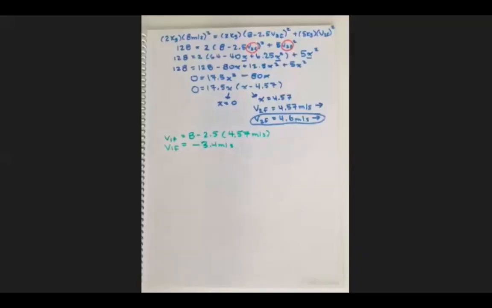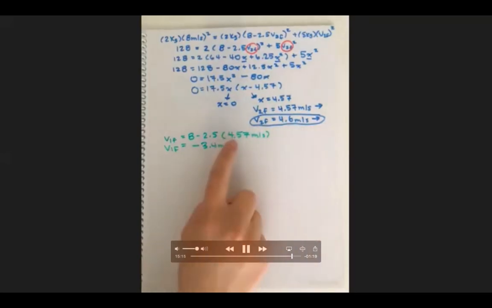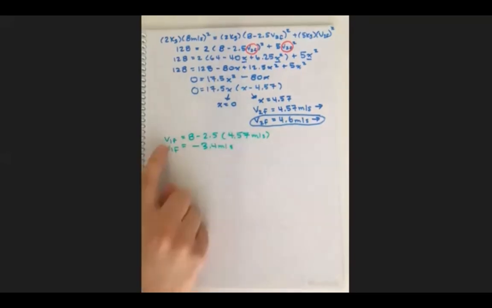So getting negative 3.4, oh dear. Finding V2F as 4.6 meters per second, we used the unrounded version of that number to sub into what we called equation 1 to solve for V1F, and we get negative 3.4 meters per second.